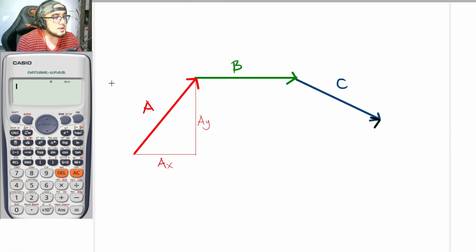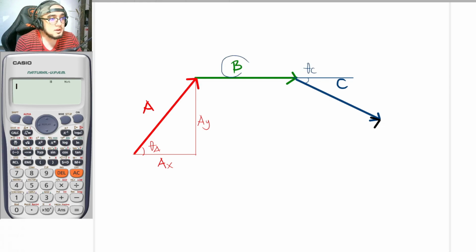Assuming, guys, that all of them have their own direction, of course it wouldn't be a vector if it did not have any direction. So this is your theta A. Let's say in this particular vector C here, this is your theta C.